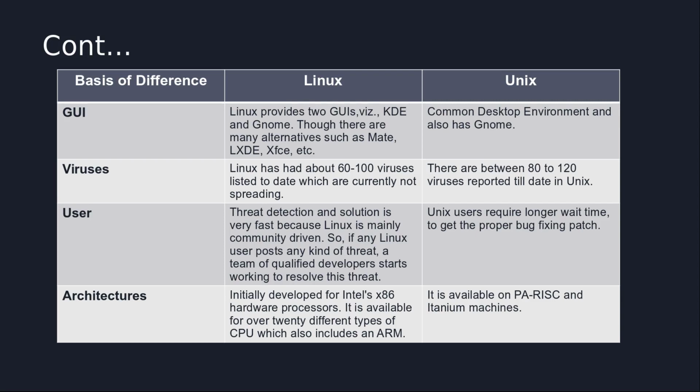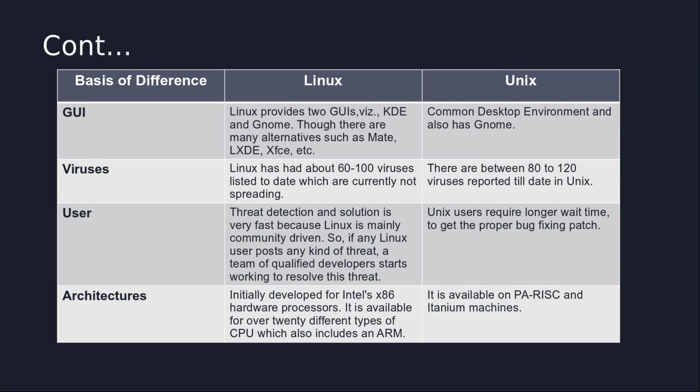Now, viruses. So far, as of the recording of this, Linux has about 60 to 100 viruses listed to date, which are currently not spreading, which is good. Whereas there are between 80 to 120 viruses reported to date in Unix. Now, user threat detection and solutions are very fast because Linux is mainly community driven.